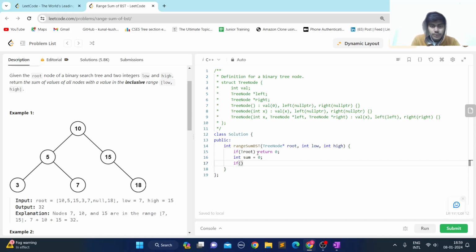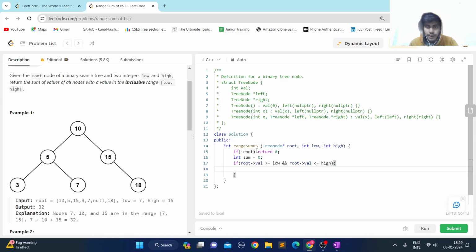And first of all, we'll look if root value is greater than or equal to low, and at the same time root value should be less than or equal to high. I hope you are getting this. So what we'll do now, from here we'll make 2 calls, to the left part and to the right part also.